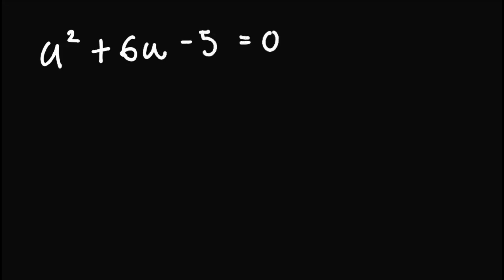Hi there. For this video, we'll be solving quadratic equations using the completing the square method. So in the last video, we had this example: u squared plus 6u minus 5 equals 0.